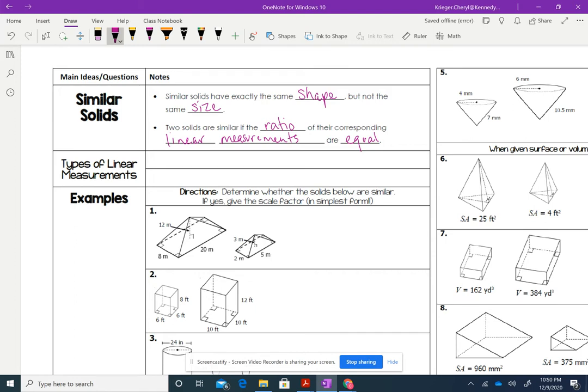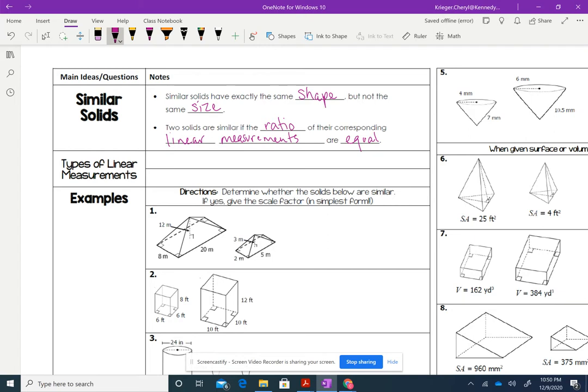If you think about it, when we were doing similar figures, right, two-dimensional figures, we would check the sides of the figures and create ratios. And so we're essentially doing the same thing, but now we're choosing different parts of our 3D figures.